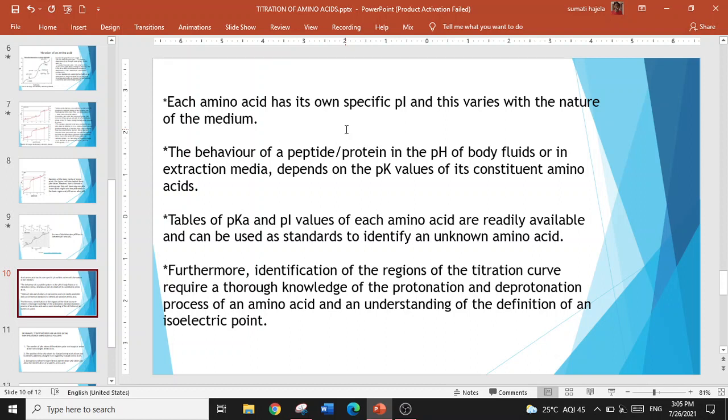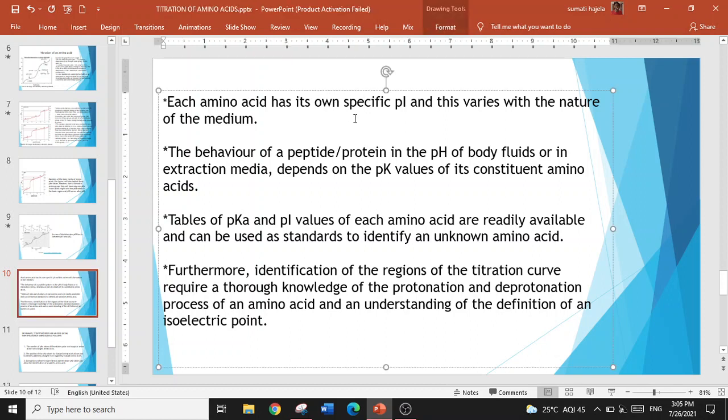It will be the positive amino acid, net charge will be positive, and above pI net charge will be negative. So that depends on the medium in which the amino acid is placed. The behavior of a peptide or protein in pH of body fluids or in extraction medium depends on the pK values of its constituent amino acids.